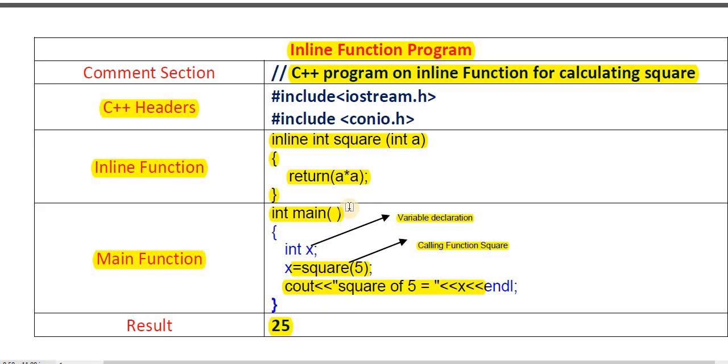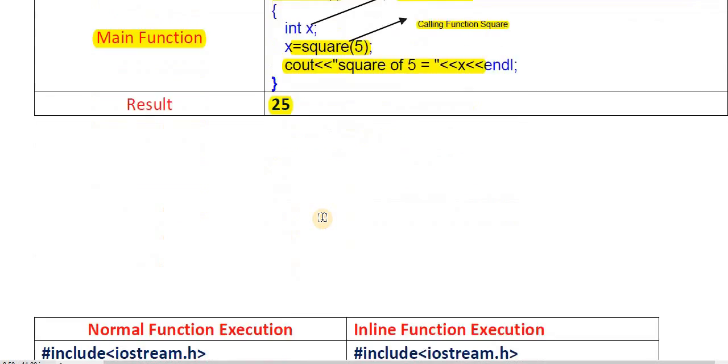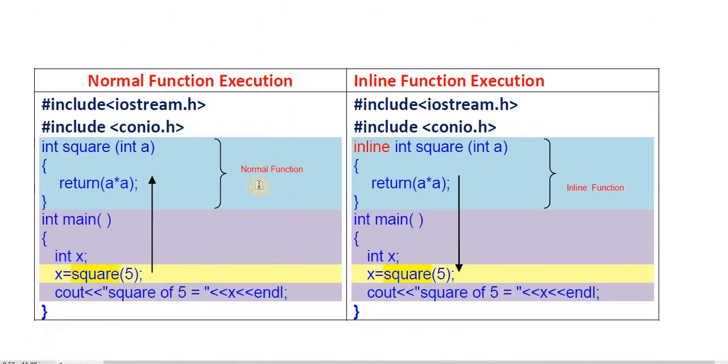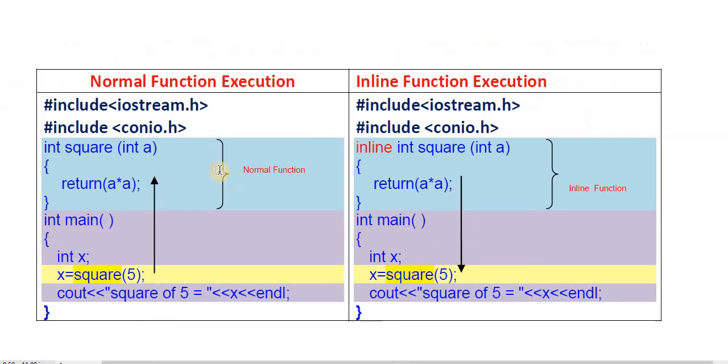So this is an example program of an inline function. Here we can see in detail the difference between a normal function and an inline function. This is normal function execution and this is inline function execution.